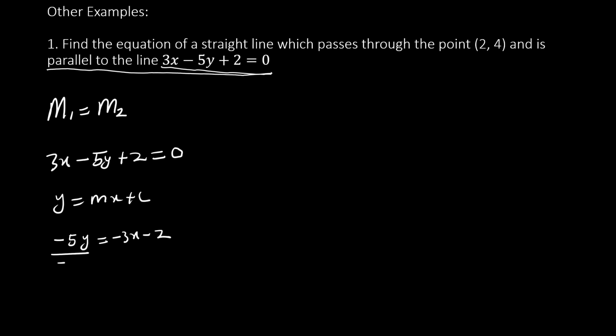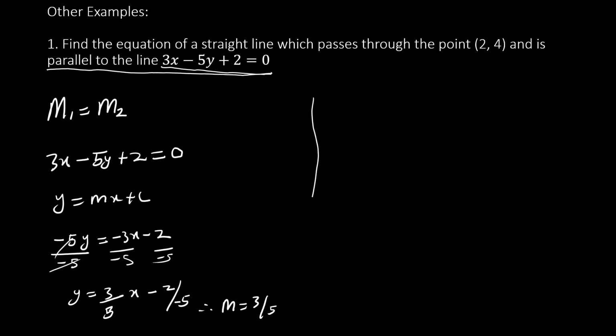Dividing through by -5, we have y equal to 3 over 5x minus 2 over -5. So therefore we have m equal to 3 over 5. This is our m1, which equals 3 over 5.